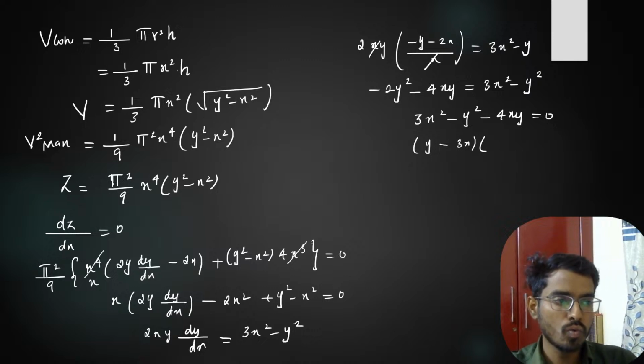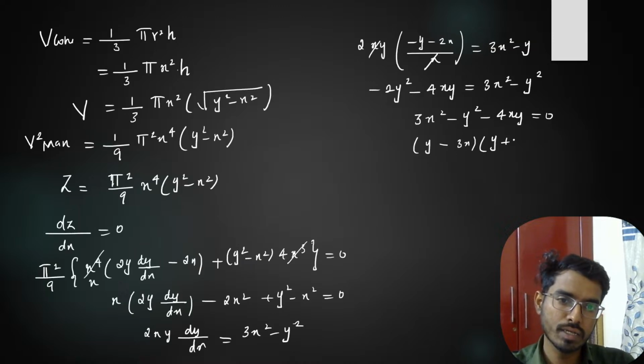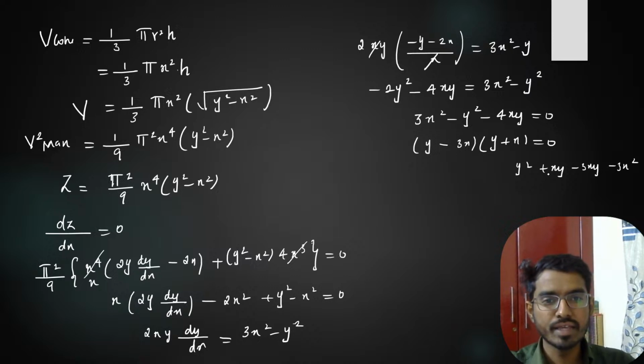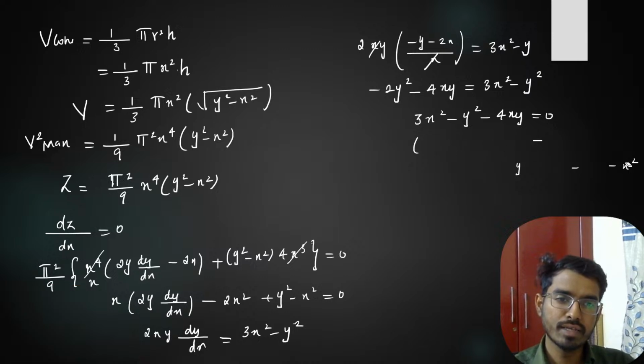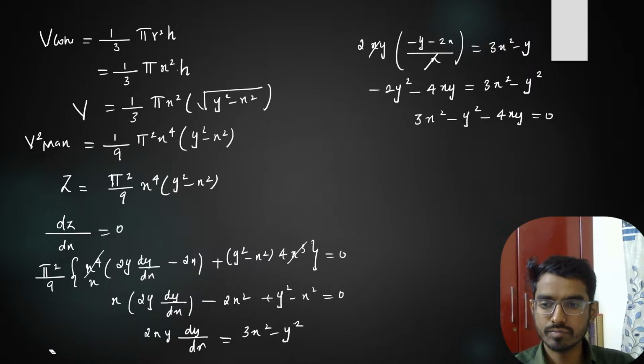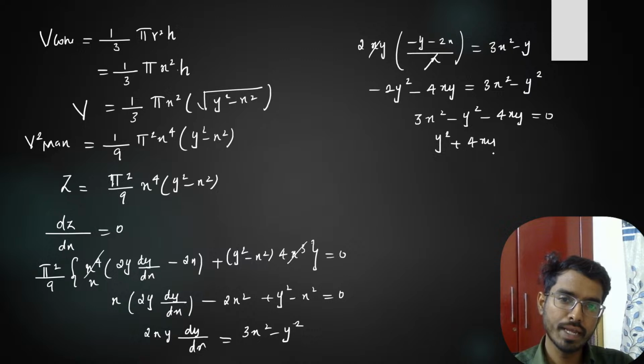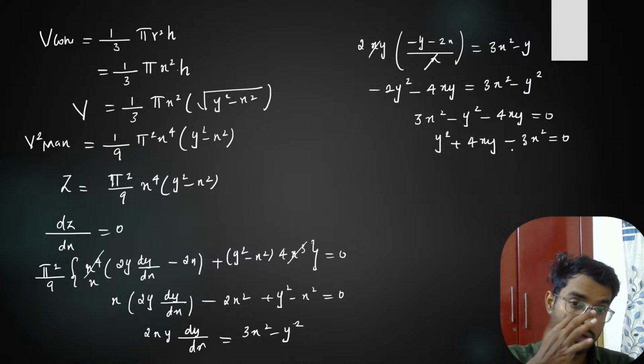What you will have? y minus 3x into y plus x. If you multiply this, what you will have? y square, and here you will have plus xy, and here minus 3xy, and here minus 3x square. Yes, I can write like this, right? Or I can write this as y square plus 4xy minus 3x square is equal to 0.